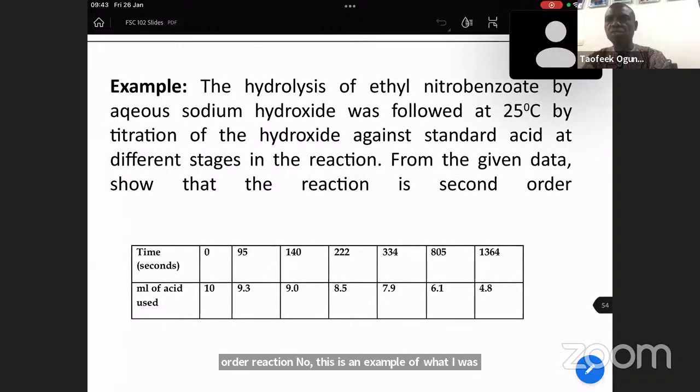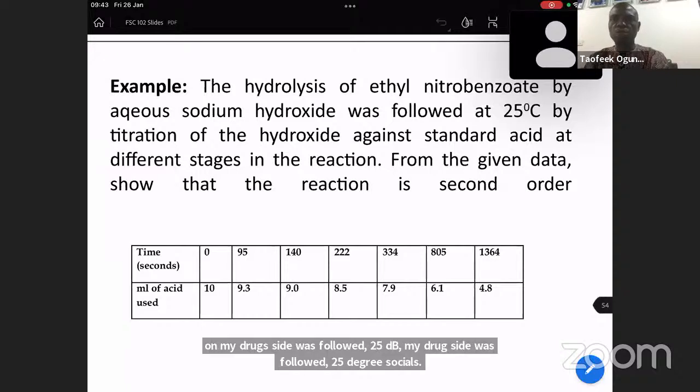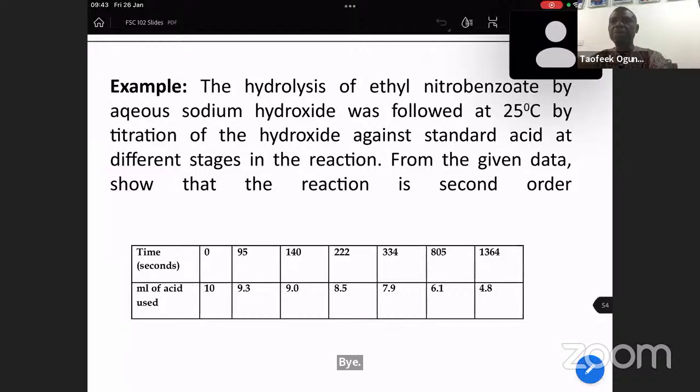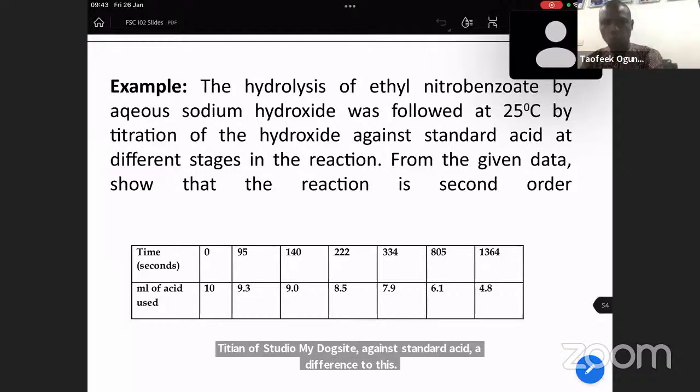The hydrolysis of ethyl nitrobenzoate by aqueous sodium hydroxide was followed at 25 degrees Celsius by titration of sodium hydroxide against standard acid at different stages in the reaction. From the given data, show that this reaction is second order.